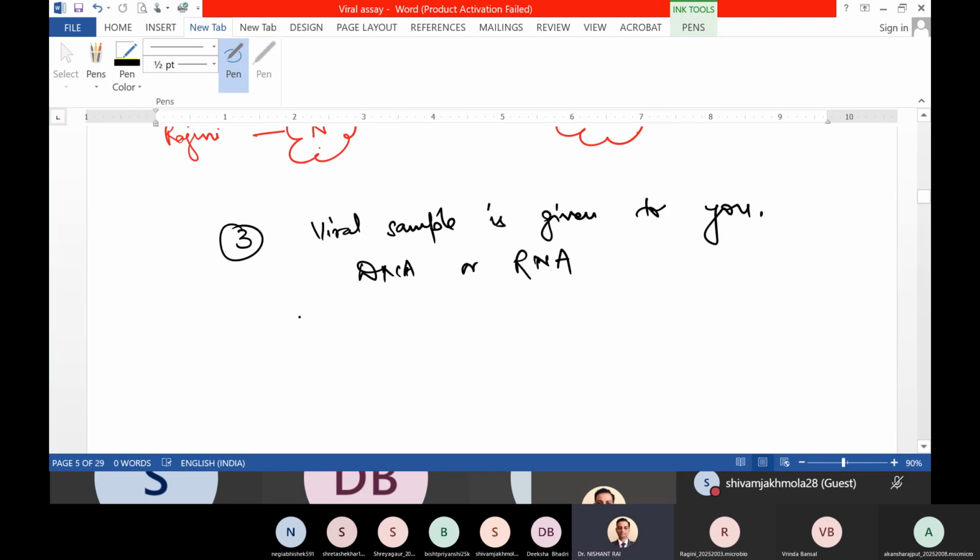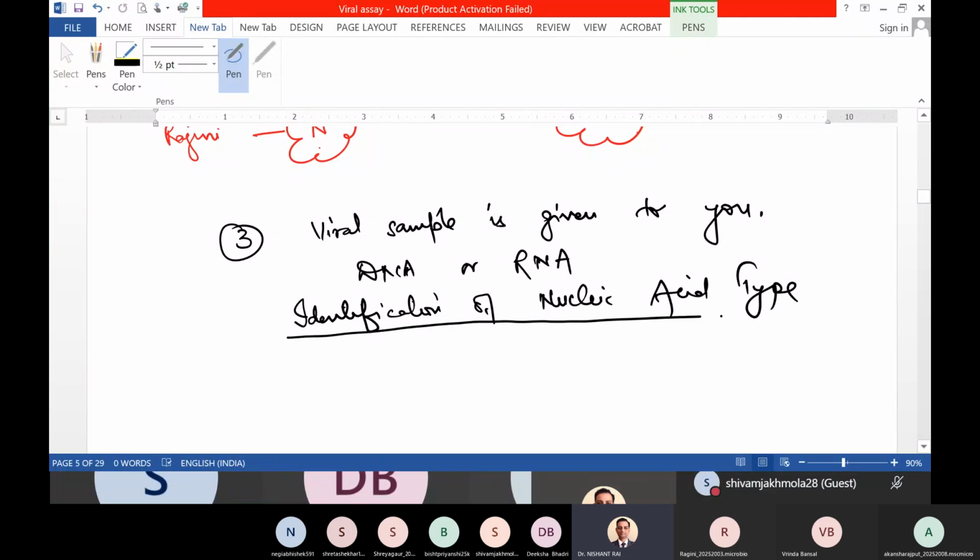So the heading is identification of nucleic acid type. Assay of viruses on the basis of its chemical composition, that is, we are determining its nucleic acid. Identification of virus by nucleic acid type, whether it is DNA containing or RNA containing.